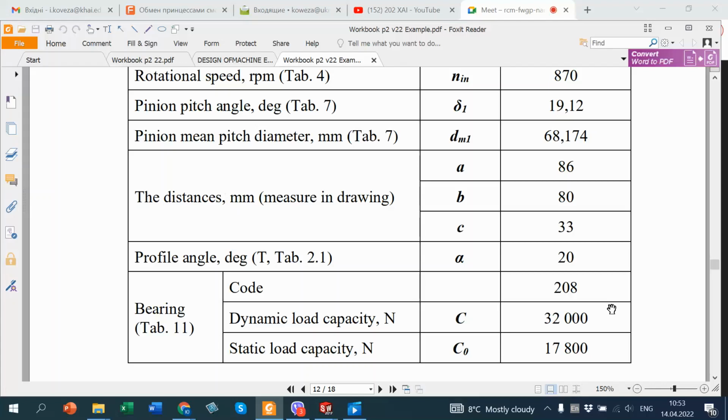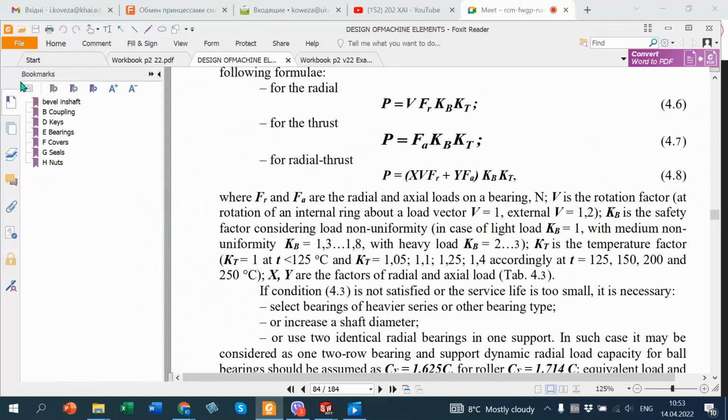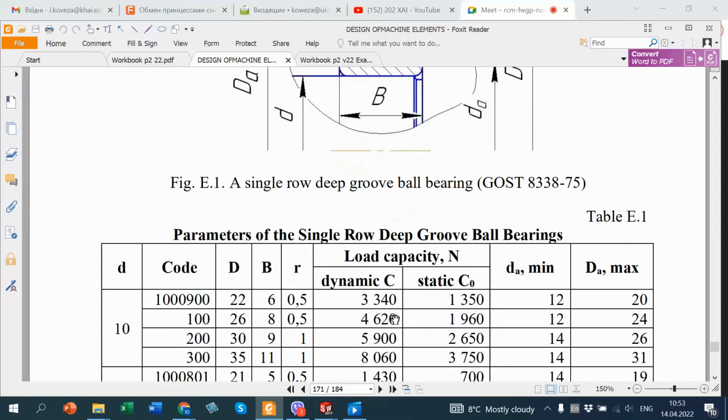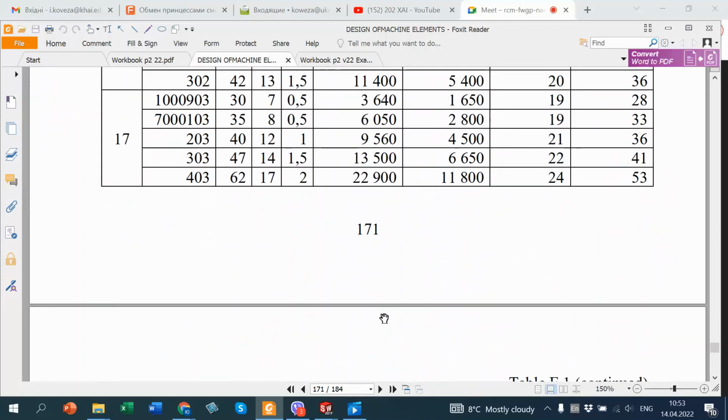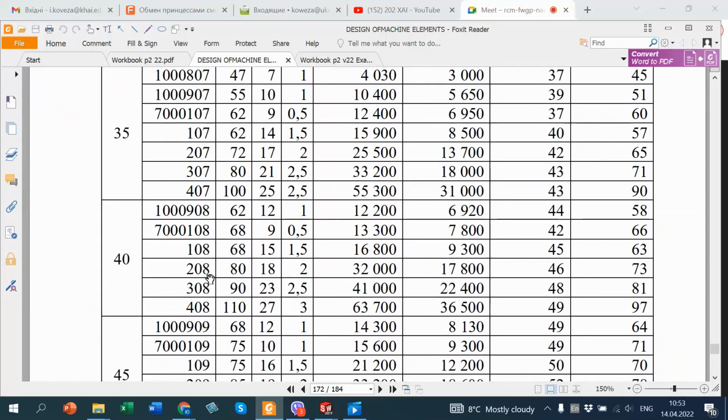First variant, we can take another bearing. What's another bearing? Let's look at, we know that we use 408, 32, but we need 49.